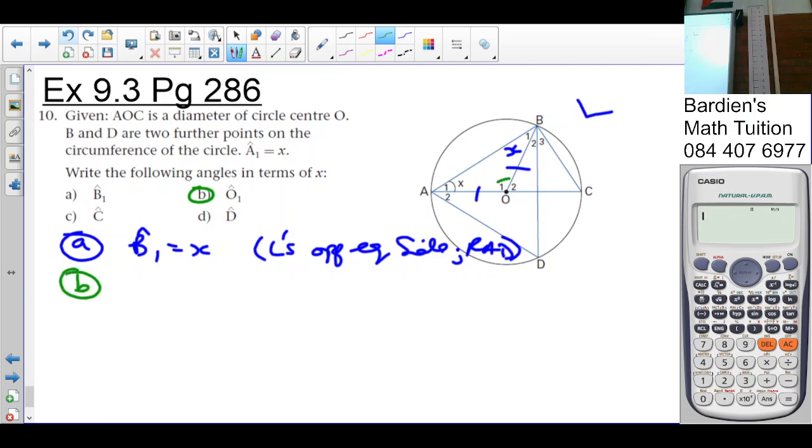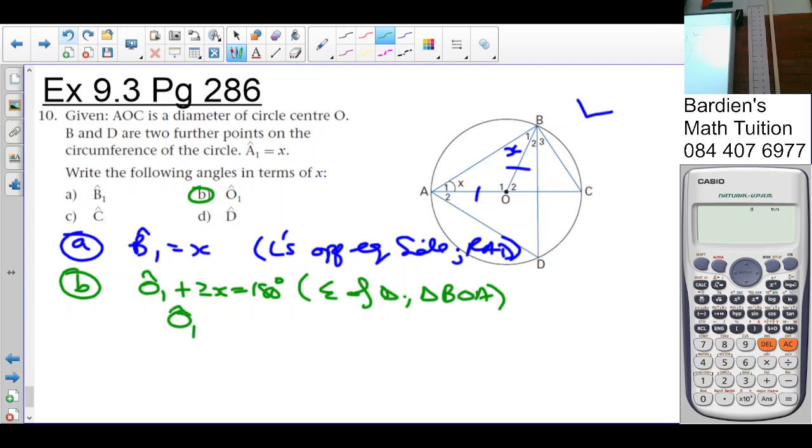What do you say about O1? It's angles in a triangle. So you say O1 plus 2x equals 180. Why? Sum of angles of a triangle. This triangle BOA. So O1 is equal to 180 minus 2x.